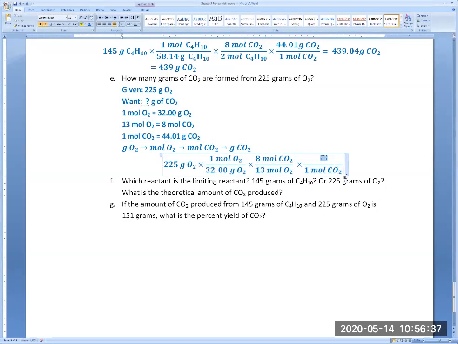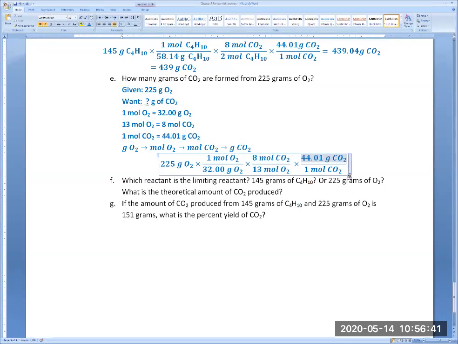And 44.01 grams of CO2 on top, right? And we see that our setup is correct because we cancel grams of O2 with grams of O2 here, moles of O2 with moles of O2 there, and moles of CO2 with moles of CO2 here.